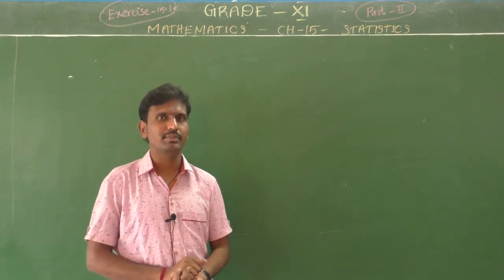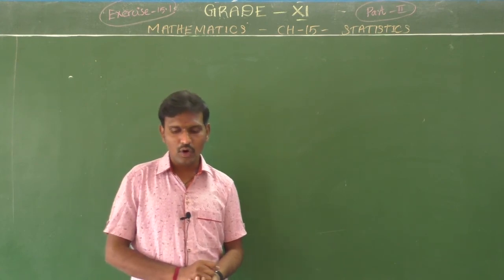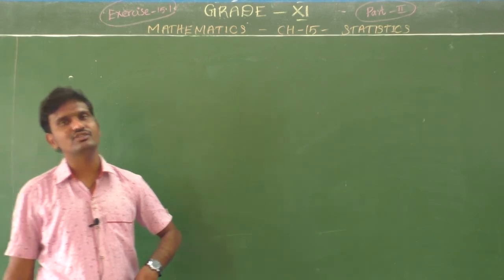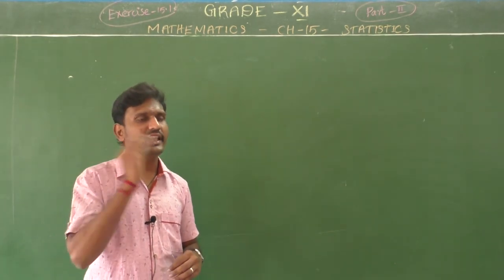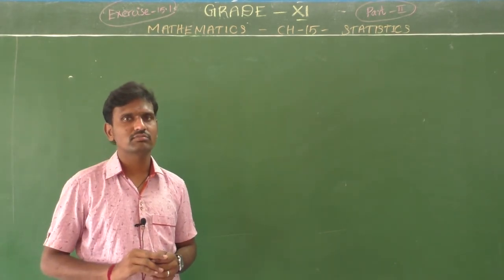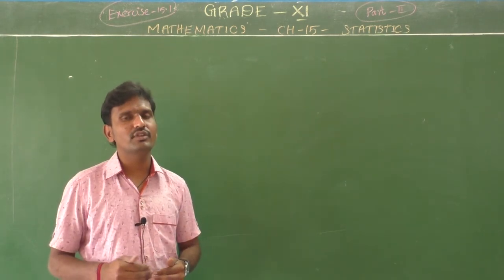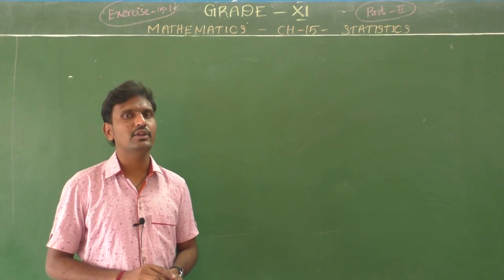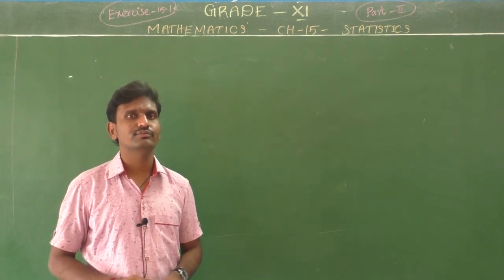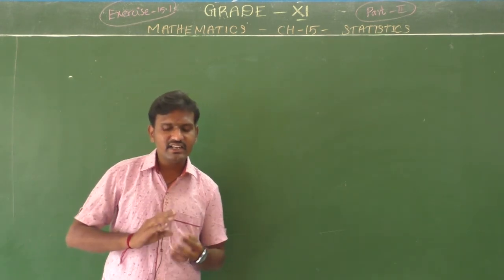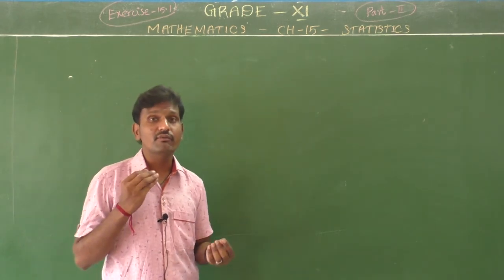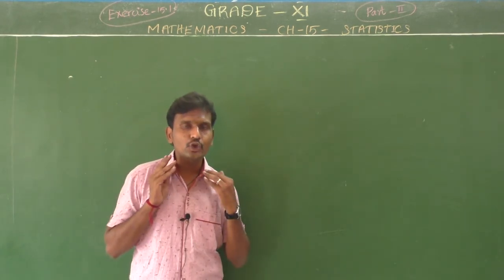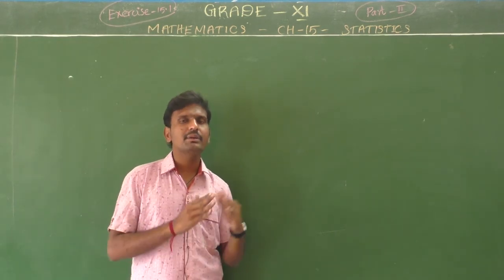Next we find the deviation of each and every value, xi minus x bar. The third step is to take the absolute value, the modulus value, as I already explained. Then the final step is to use the formula and find the mean deviation. We completed ungrouped data in the previous class.